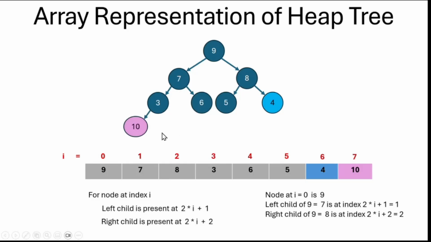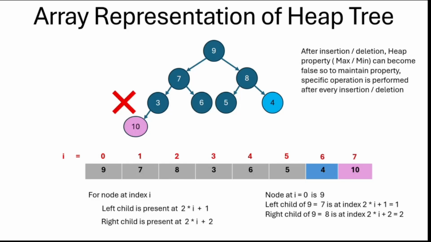Now the heap property of the heap tree is not satisfied, because 3 is not greater than 10. So the max heap property is not satisfied. So it is possible that whenever we add a new element to the heap tree, the heap property of the heap tree can get violated.